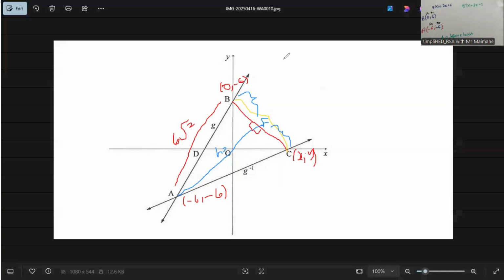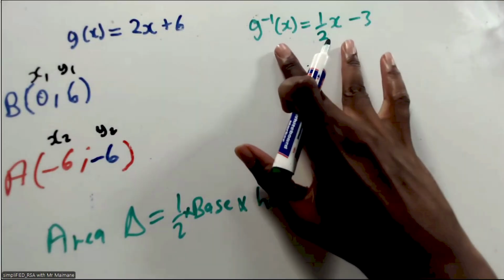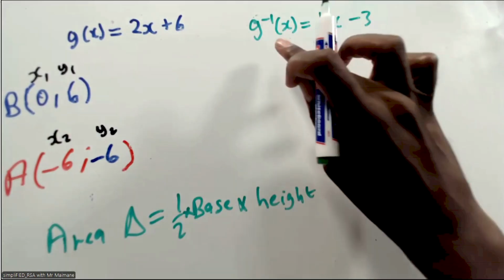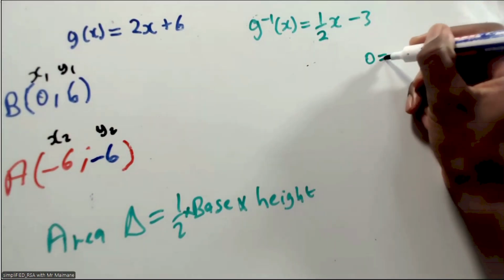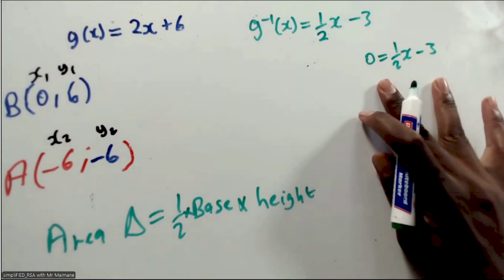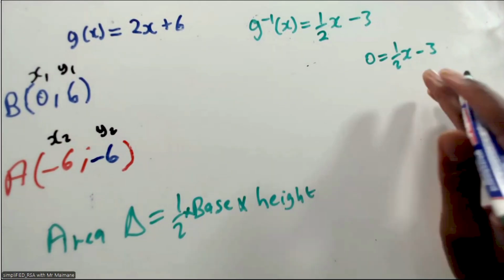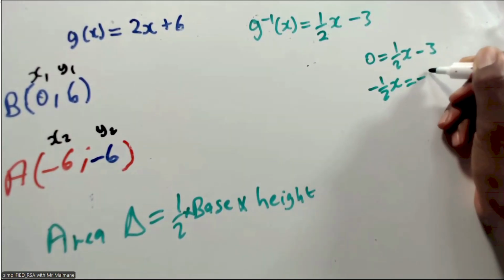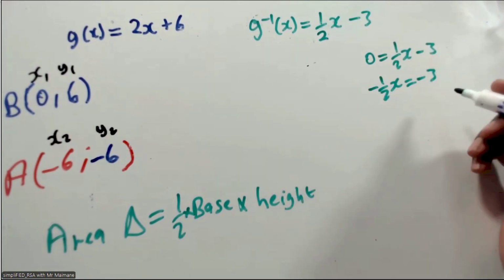Now, this is how I'm going to go about it. To get the x-intercept of the inverse function, I will let y be 0 and solve for x. So I will have minus 2x is equal to minus 3 if I take this to the other side.